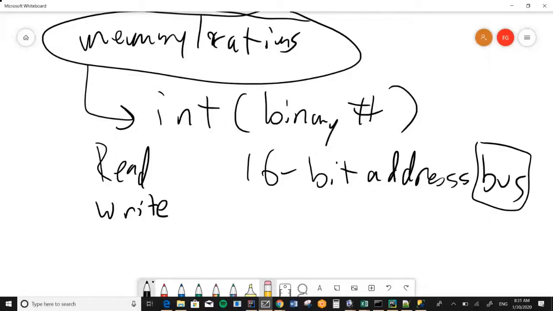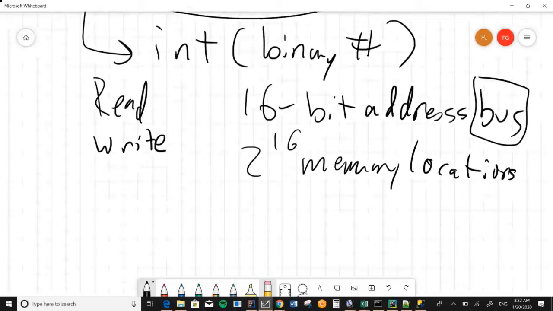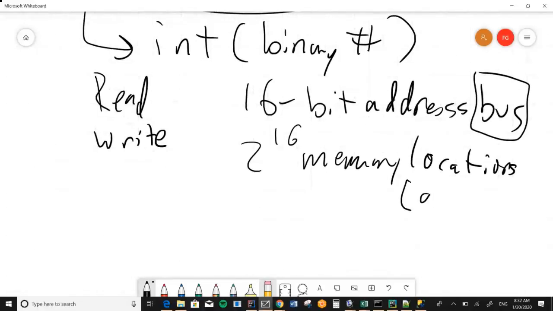So if the Commodore 64 had a 16-bit address bus, and each combination of bits represents a unique and distinct memory location, we would say it had 2 to the 16th power memory locations.